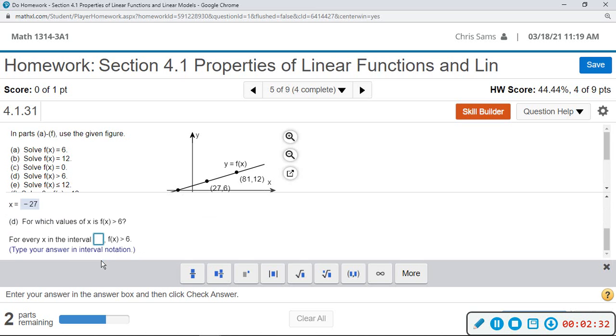So in interval notation, we're going to do parentheses 27, meaning 27 is not included, but that's the first point that it's equal to 6, and then every point beyond that it will be greater than 6, so we will go from 27 to infinity. That's when the y value is greater than 6.